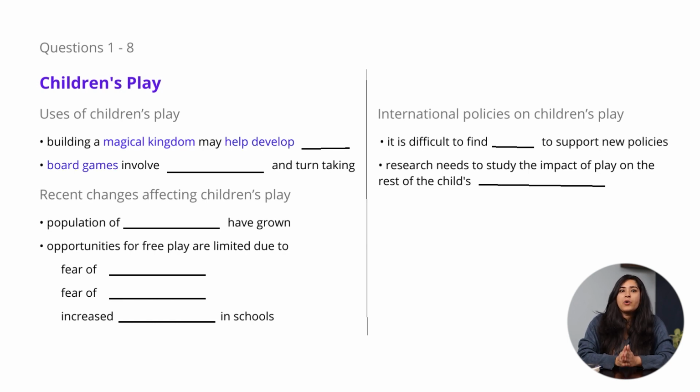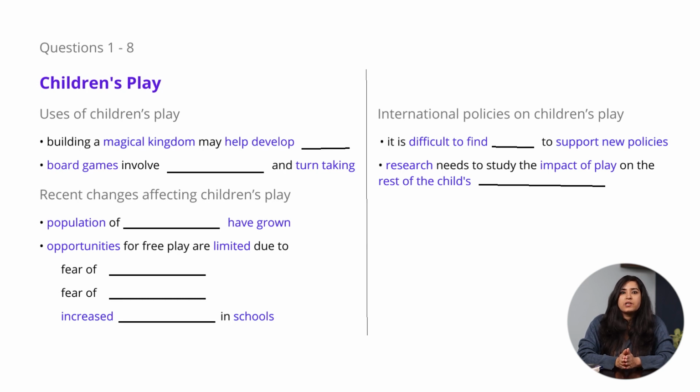Question 2, board games and turn taking. Question 3, populations and grown, and opportunities and limited. Question 6, increased in schools. Question 7, difficult to find, support, and new policies. And number 8, research and impact of play, and rest of childs.